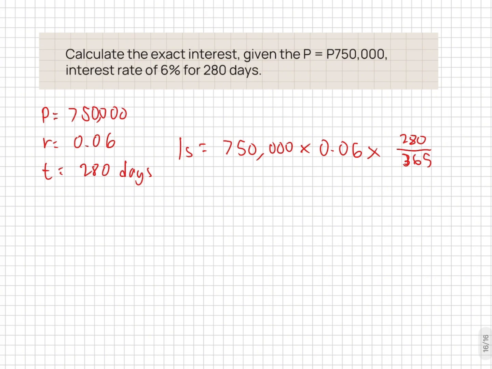Now, let's try to solve it. So now, the final answer is 3,452.55. That is our simple interest, because we would only be using 2 decimal places in our final answers.